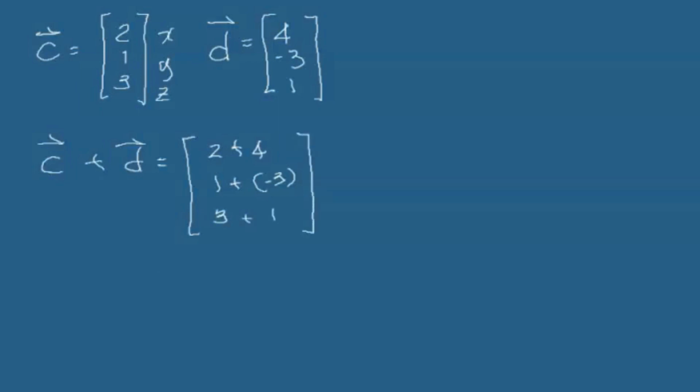Okay, let's add that. So we have vector c plus vector d will be 2 plus 4 is 6, 1 plus negative 3 is negative 2, 3 plus 1 is 4. So this is our answer of vector c plus vector d.